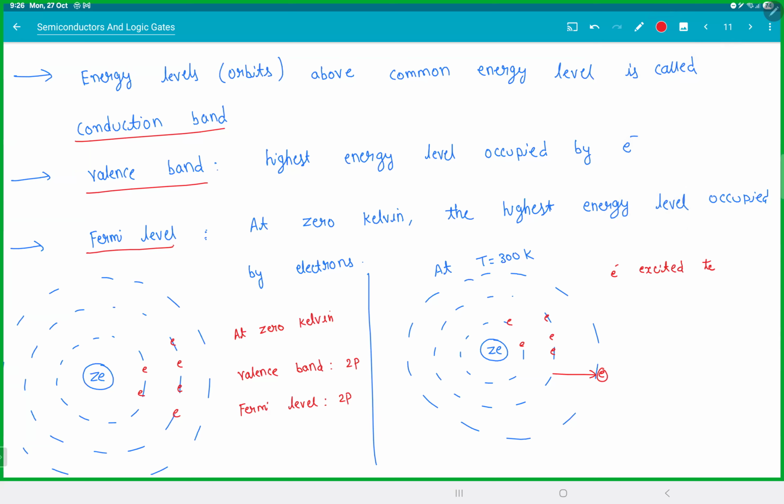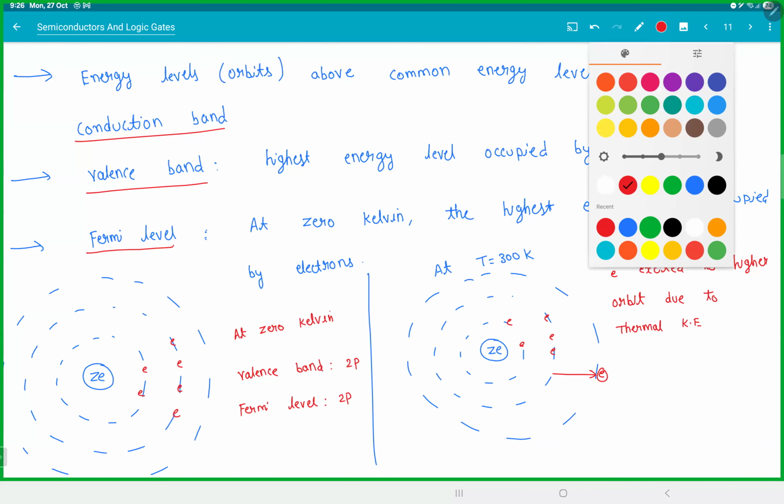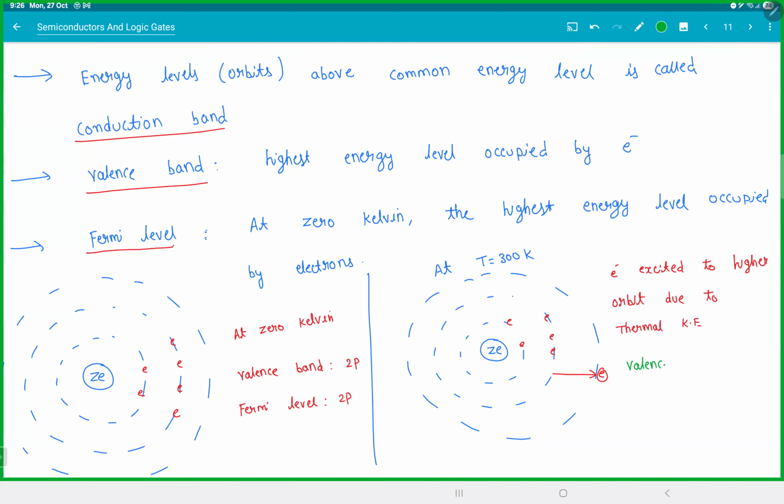Again, just to give an example, let's say an electron is excited to a higher orbit due to thermal energy, 3/2 kT, hope you remember. Now, if I ask you what is your valency band, the highest energy level occupied by the electrons, it is 3s. What about the Fermi level? Fermi level is undefined. So Fermi level is defined only at 0 Kelvin. If you increase the temperature, there's nothing called Fermi level. Clear with this?